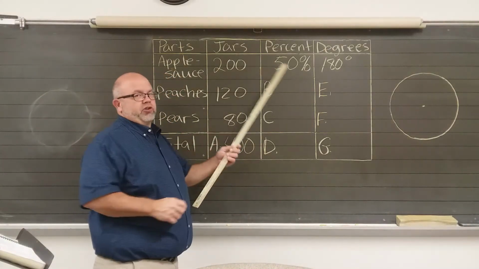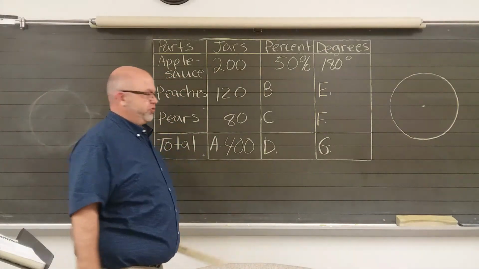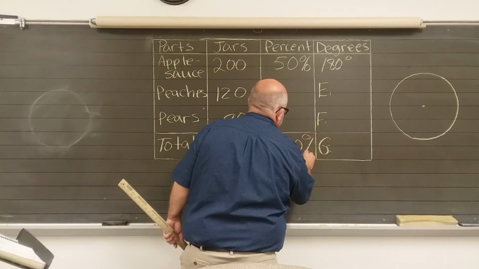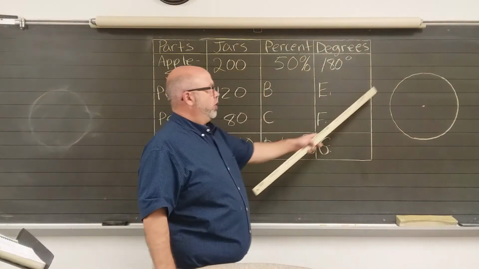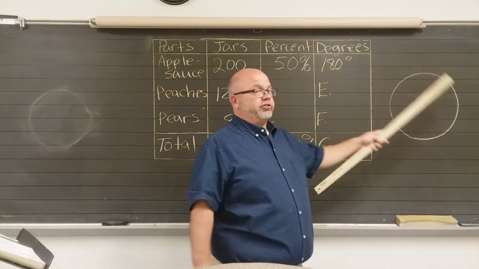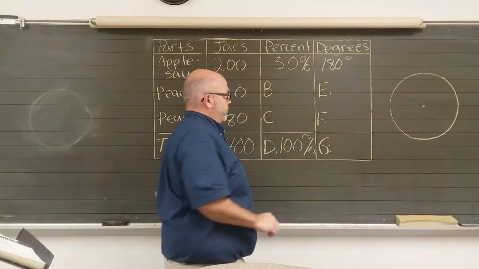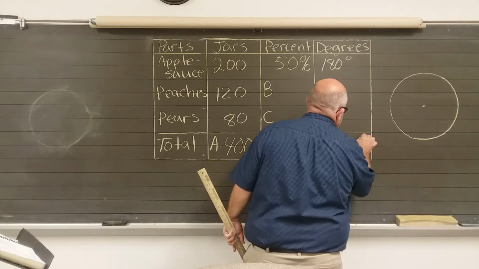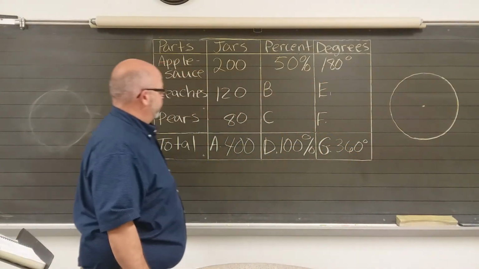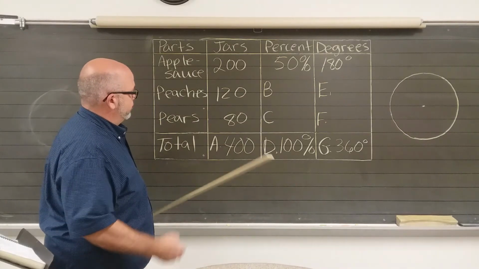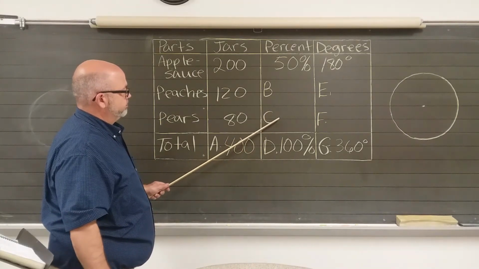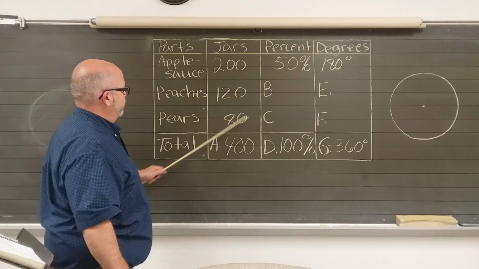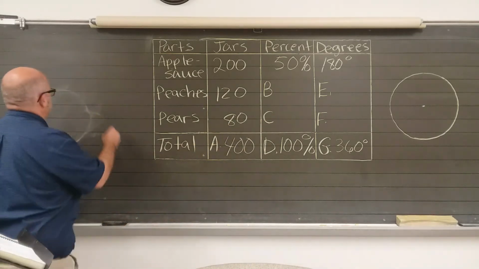Total of percent is always what? Total of percent is always 100%. Put your percent sign. A circle has how many degrees around it? A circle has 360 degrees. That's what this is all about here. Now we find the numbers. So for C, you make a proportion. Pairs and pairs. So you're going to have 80.